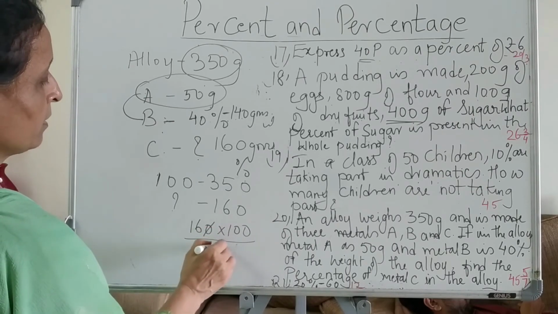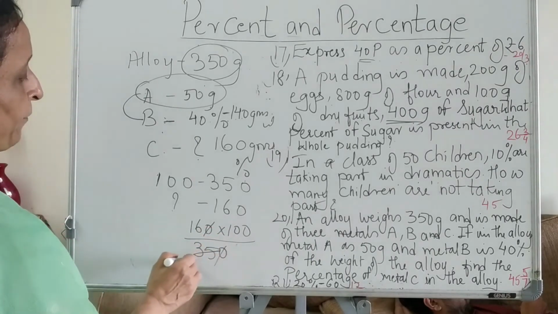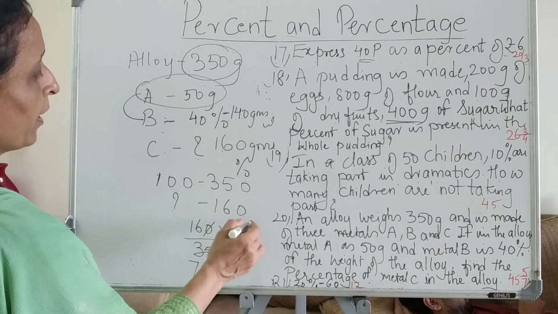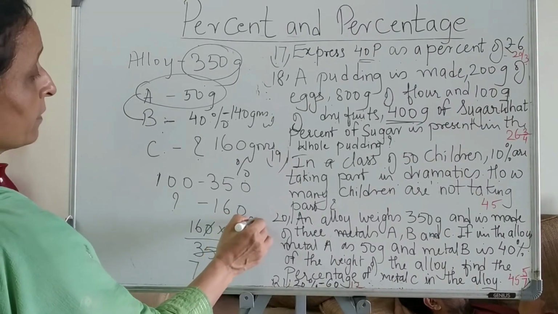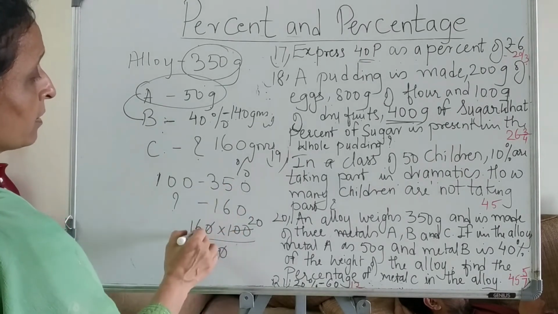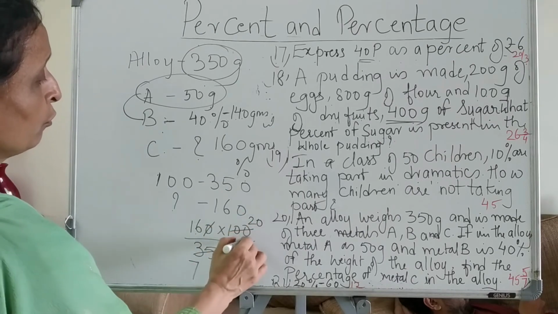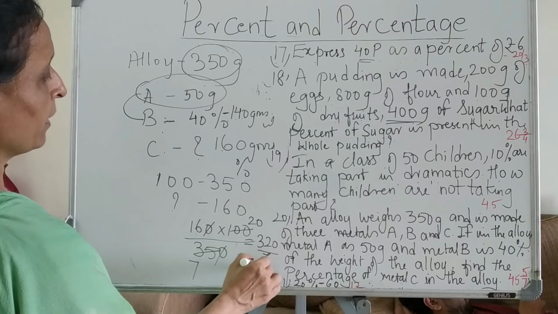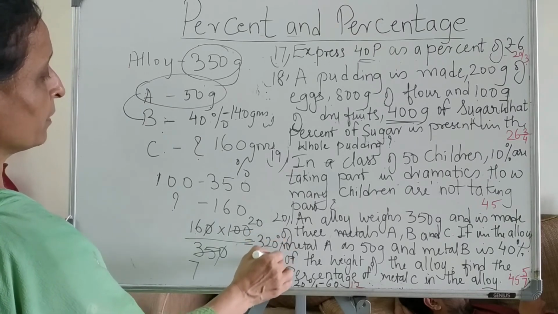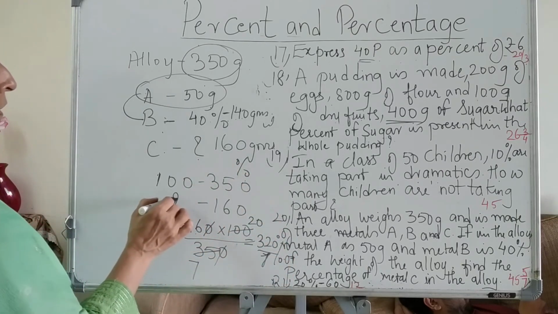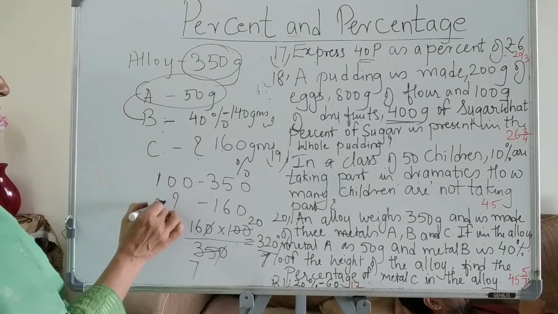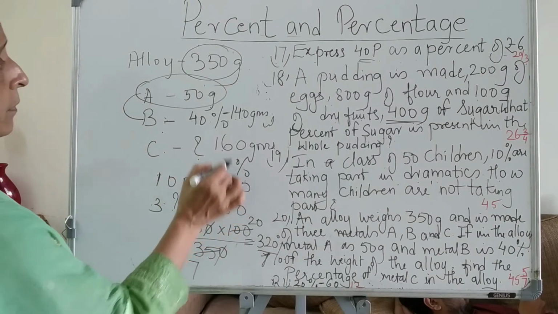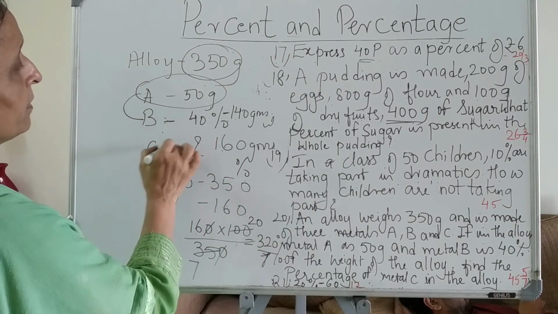Now this is getting cancelled. 5 7s are 35 and 5 20s are 100. Now this 16 into 20 is 320. 320 by 7, this much is the percentage of the metal C.